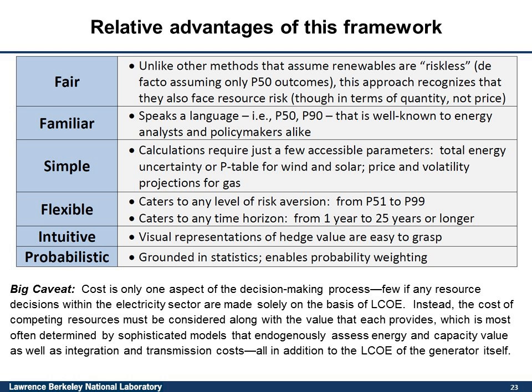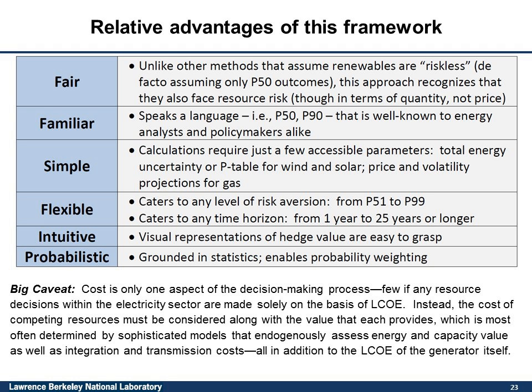Okay, just to wrap up, this new framework has a number of advantages relative to many of the other approaches that have previously been used to analyze this issue. First, unlike most other approaches, it recognizes that wind and solar also face resource risk, though of course in terms of quantity, not price, and it thereby presents a fair comparison to gas price risk.